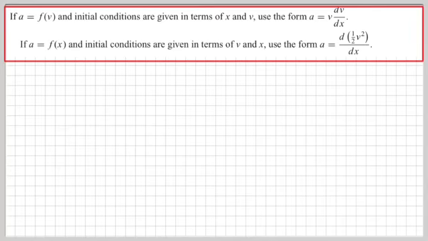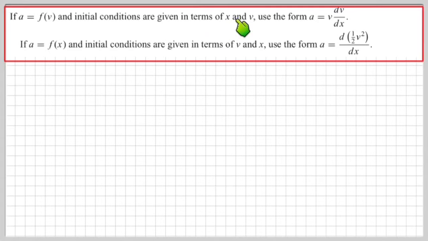Now, what I've written here in this red box is absolutely the key to everything here. If, guys, you have a as a function of v, a function of velocity, and this is the crucial bit here: the initial conditions are given not in terms of time, but in terms of x and v, right?